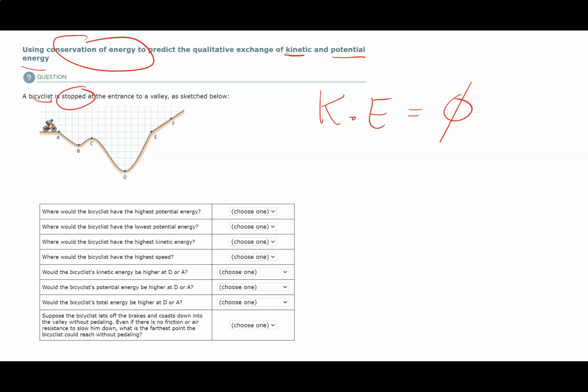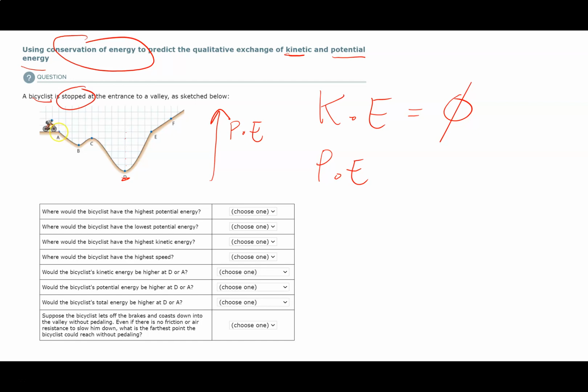But you can see that they have some potential energy, right? So as we raise this cyclist above the lowest point there, potential energy increases, right? So here they have some potential energy, 1, 2, 3, 4, 5, 6 lines above the lowest point, but they have no kinetic energy.